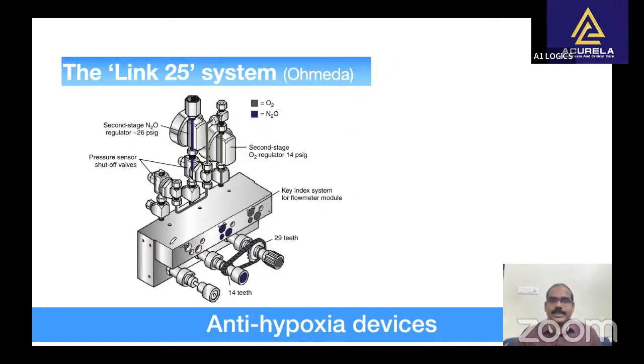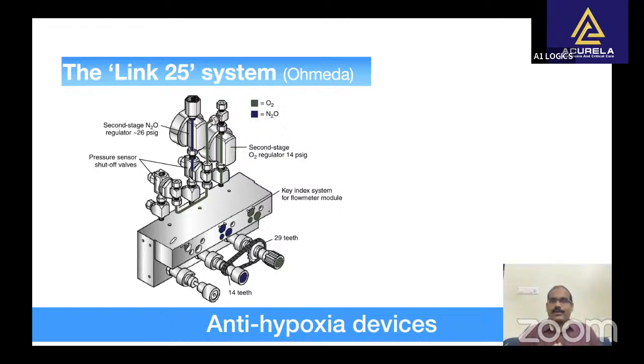The proportioning of nitrous oxide to oxygen, 75% to 25%, is completed because the nitrous oxide flow control valve is supplied from a second stage gas regulator that reduces the nitrous oxide pressure to a nominal 26 psig, adjusted as previously described, before it reaches the flow control valve.